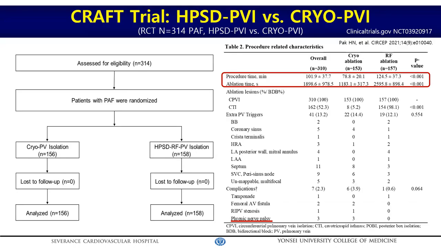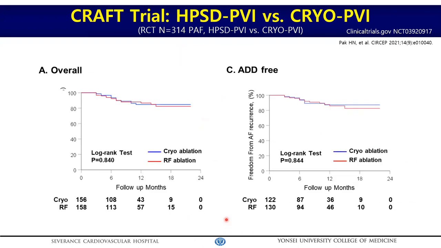This study is an RCT comparing the hypershort duration versus cryo PVI at a 1-to-1 ratio. Cryo PVI shortened the procedure time even more than hypershort duration ablation, and there was no significant difference in the complication rate, but 2% of phrenic nerve paralysis complications were seen in the cryo PVI group.